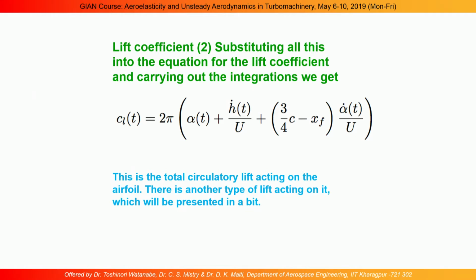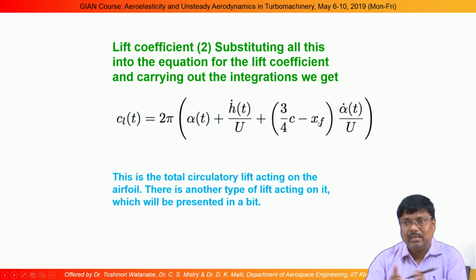That is what I was telling, CL I will be calculating. That is the mathematical relationship I am expressing in terms of a simplistic equation. Originally alpha t was there, h dot by u, the velocity due to heave velocity, whatever change in angle of attack, then the 3/4 chord point minus xf, the difference from the elastic axis, that is alpha dot by u.